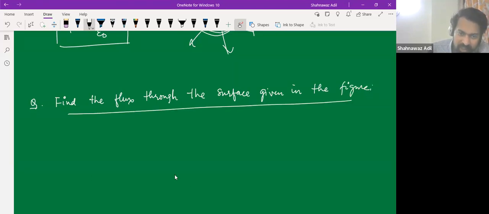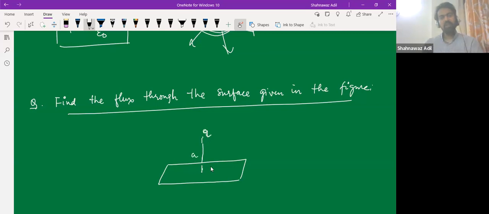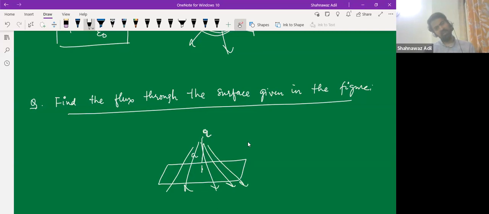We want to find the flux through this surface, and the charge is placed at a distance from this surface. So we want to calculate the flux through this surface. How much flux is passing through this surface? Okay, is this thing clear?